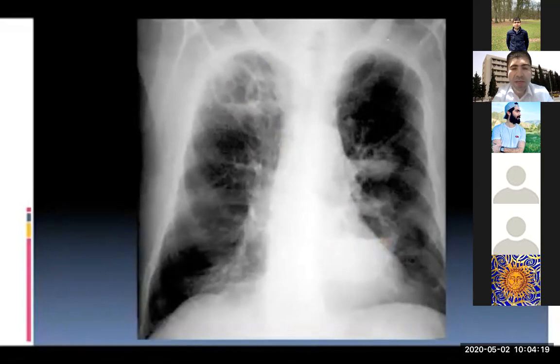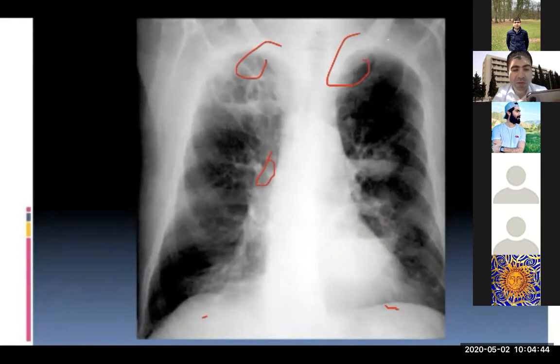So we have hidden areas. Usually it can be missed easily. We have 4 regions. One of them is below the diaphragm. One of them is retrocardiac, for example, like this. You easily may miss this one, and apical and hilar lesions.